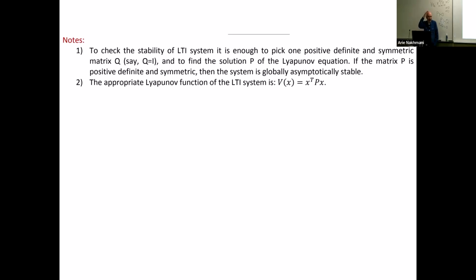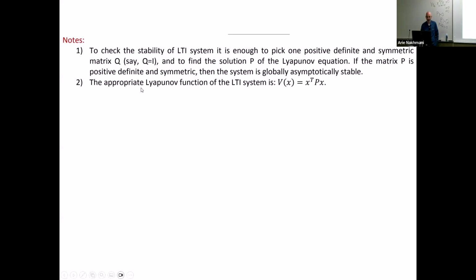But you can pick any other values like minus 5, minus 7, minus 27, whatever you like. All of them will work. More than that, it will work in both directions. So if it works for one matrix, it will work for any of them. You don't need to check all of them. You need to check one. If it works for one, it will work for all of them. This is the theorem. That's why you have 2 parts to the theorem.